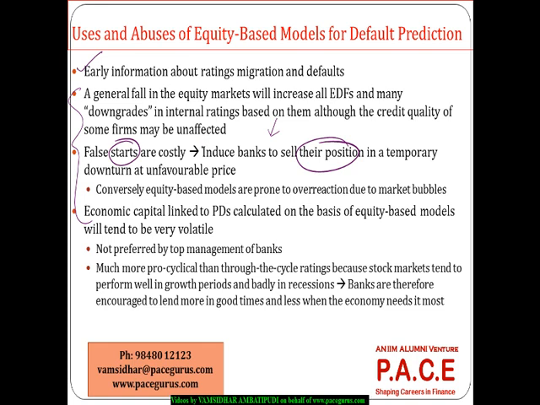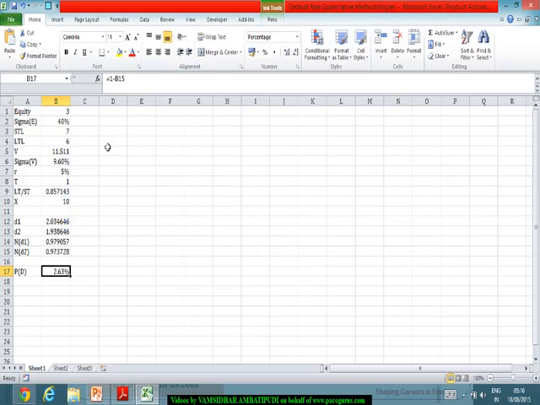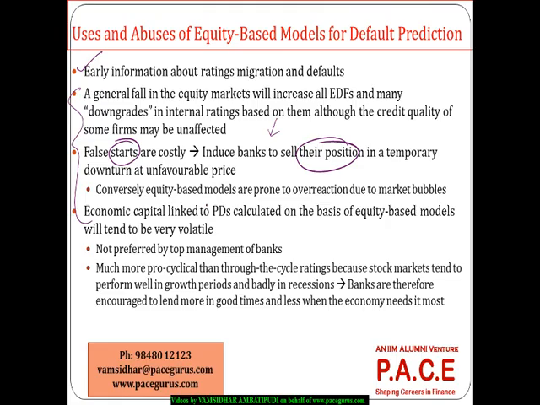The same logic happens the other way. When the equity markets are booming like anything, even if the credit position is not that comfortable for the company, credit worthiness is not that heavy for the company, the probability of default is going to come very negligible, which means during a bubble kind of a period, none of the models will pinpoint the credit riskiness of any particular company because equity is there to cover the debt.